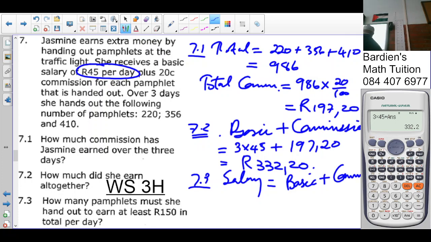So 150 rand equals the basic, 45 rand, plus the commission. If we let the number of pamphlets that you hand out be X, this will be X times 0.2.